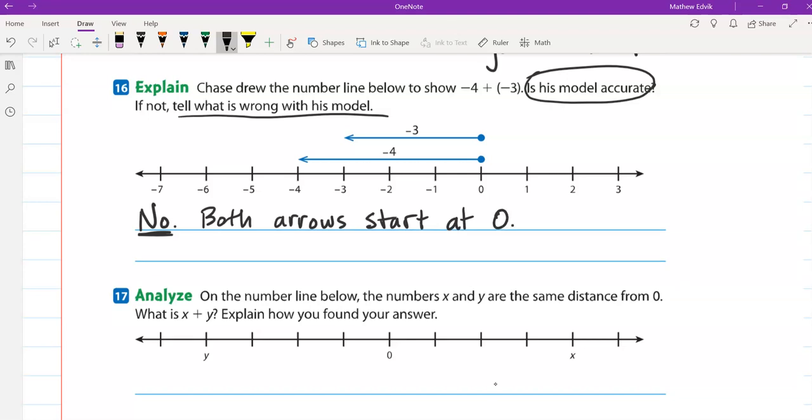So if you're looking at this and notice that both of these arrows here start at 0, and they're supposed to, the way that this would be correct is that the second arrow should start where the first left off.